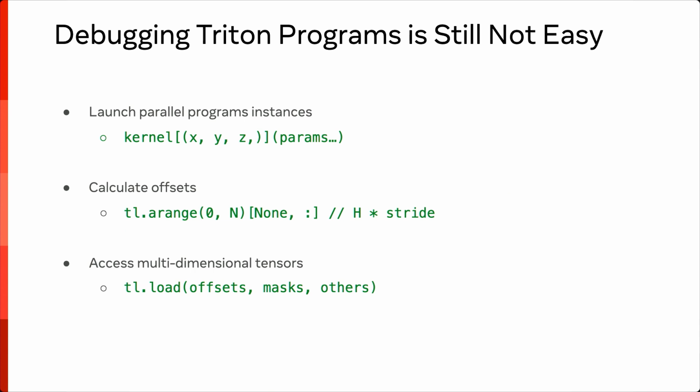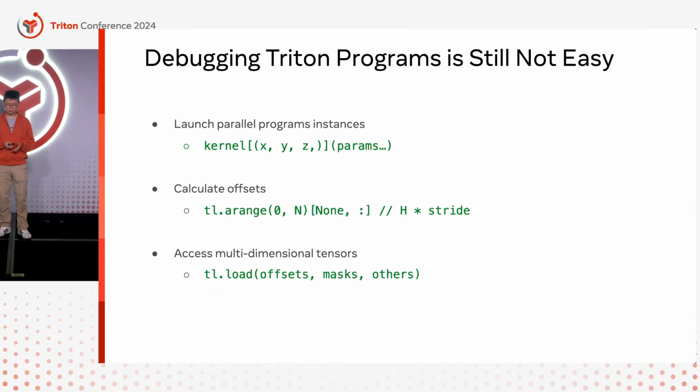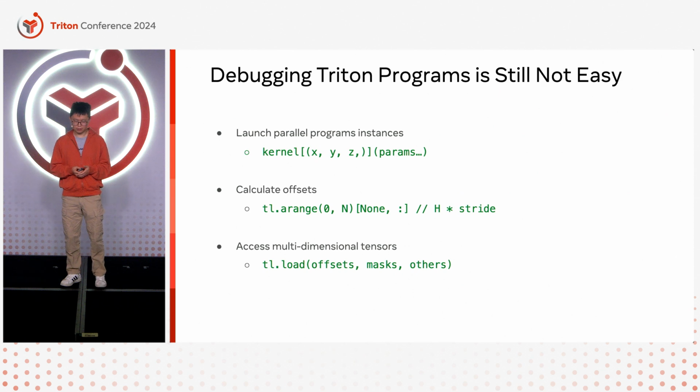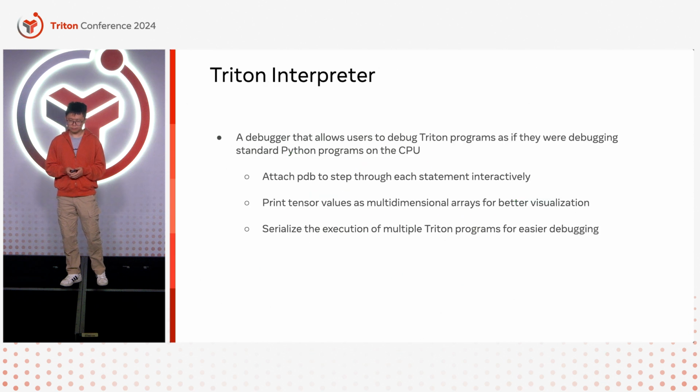For example, in this case, we have specified parallel instances in 3 dimensions x, y, z. And to access GPU memory in each Triton program, we still need to calculate offsets using pointer arithmetic. And when trying to access multi-dimensional arrays, to avoid out-of-boundary memory access, we need to supply additional fields like mask and others.